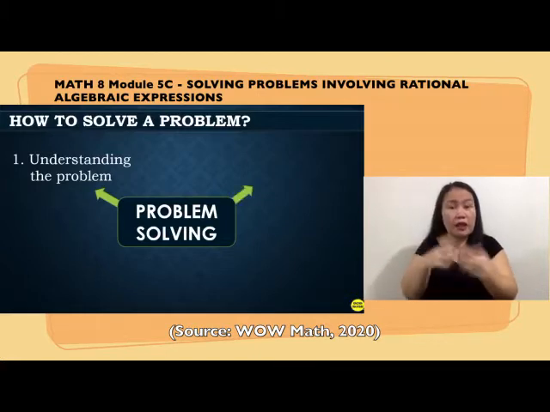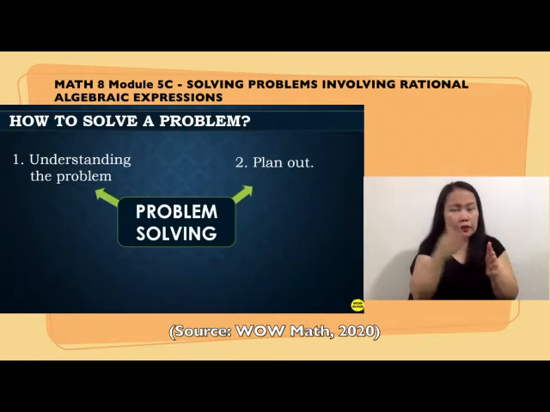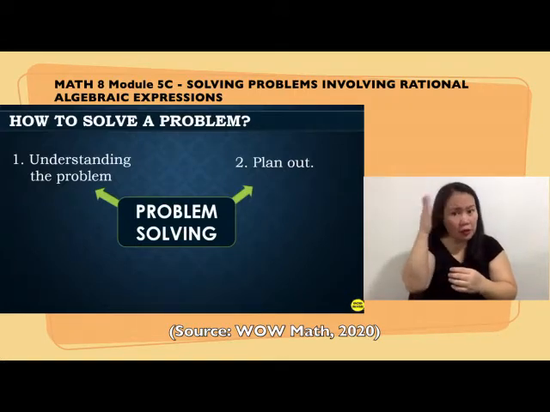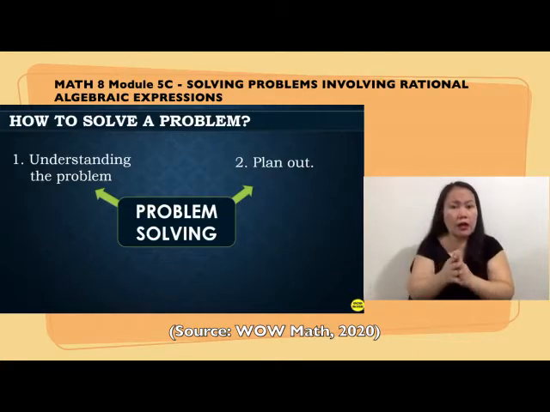After understanding the problem, plan out. Determine what you are asked to find and then have a variable to represent the unknown. So this is already part of the representation. It is proper to write an equation based upon the words of the problem. So you're going to write the equation based on the given word problem.